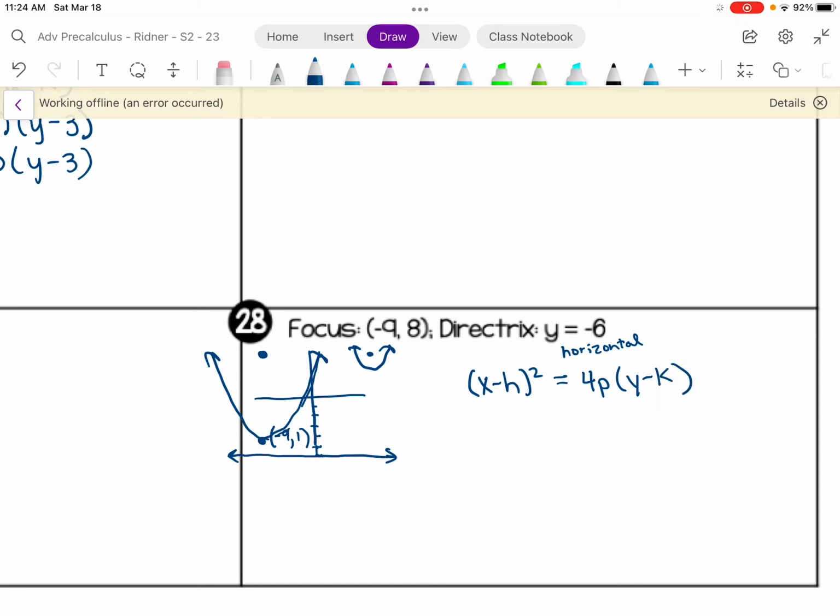I would use this formula yet again, but now my vertex is -9, 1.